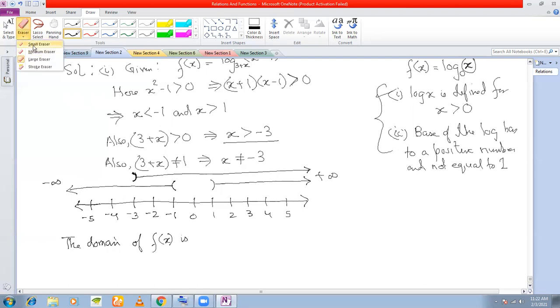Now there's a small mistake here: x cannot be equal to minus 2, not minus 3. So minus 2 is excluded, and there's a break here. So when I say x cannot be equal to minus 2, there's a break here.